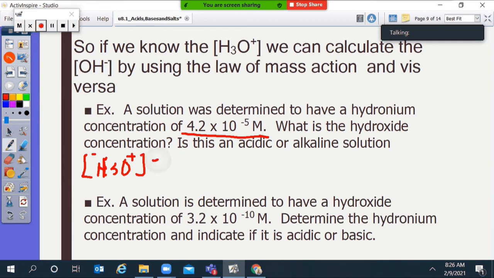Well, let's write our given down. We know hydronium is equal to 4.2 times 10 to the negative 5th molar. We can use that law of mass action to calculate the hydroxide. So let's write down our law of mass action.